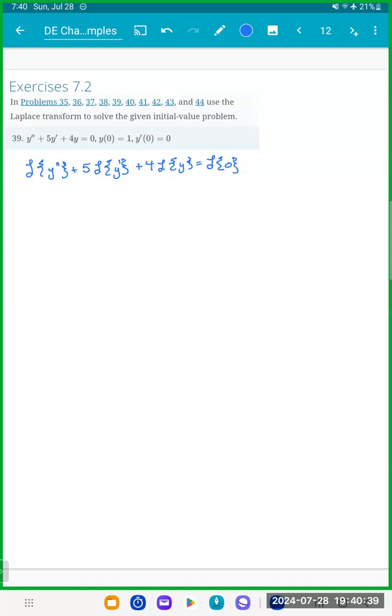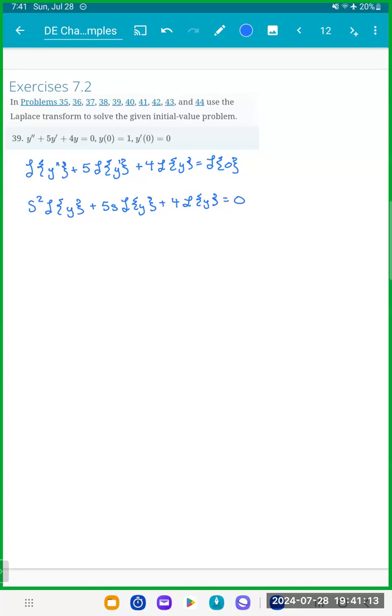Okay. So for this one, that's s squared Laplace y, because it's 2 times removed, so it's a double prime, plus 5s Laplace y plus 4 Laplace y equal to 0. Okay.